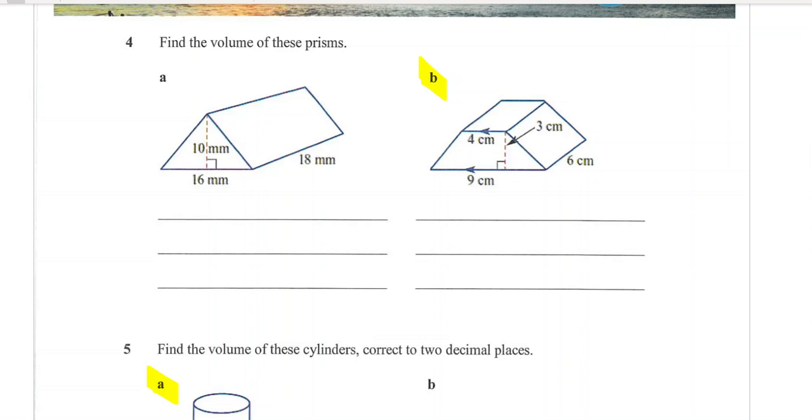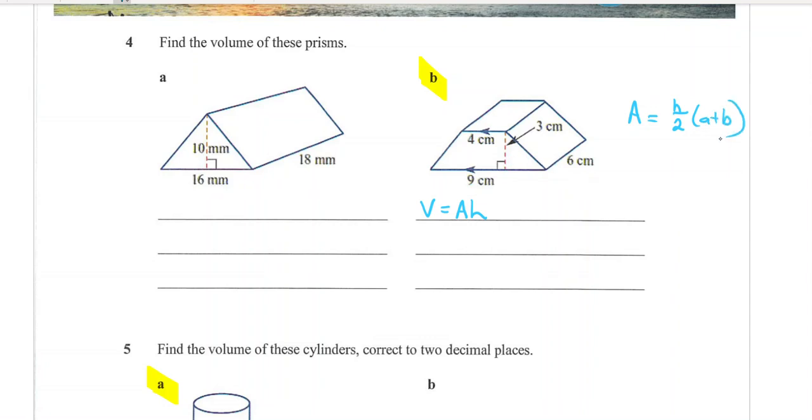Or we're going to run out of time. But to find the volume of a prism, any prism, the formula is V is equal to AH. But you have to work out what the area is first, and that entirely depends on what shape you have on the front of it. And this one's a trapezium. So over on the side, I need to calculate the area.